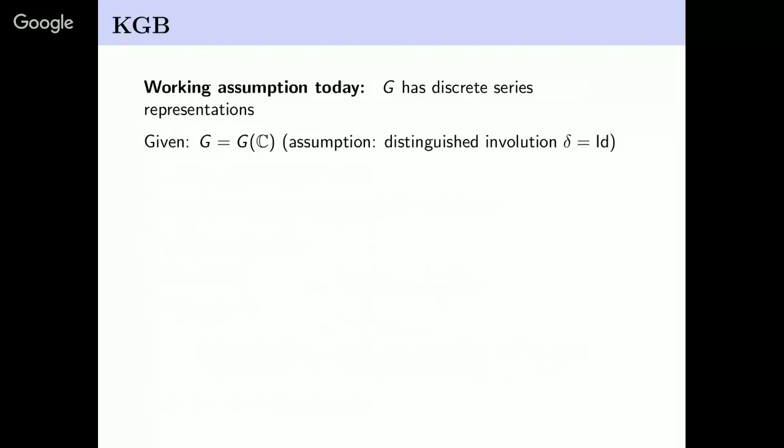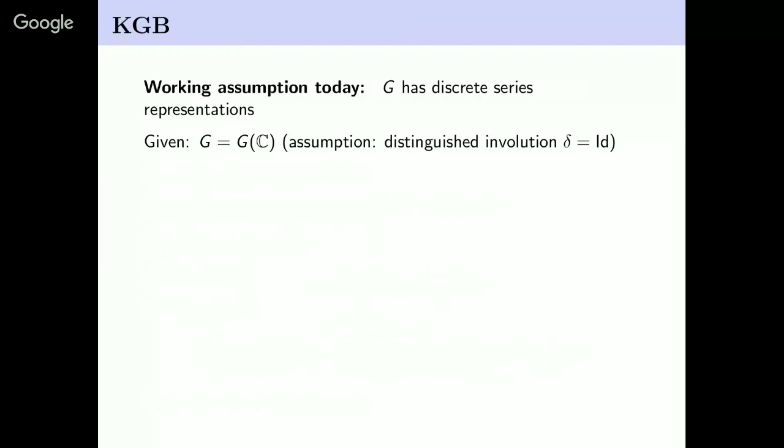And I'm going to be given a group G, a complex group G of C, and I'm interested in representations of real forms of it that have discrete series. Well, there's this distinguished involution floating around in the background, and the assumption that G has discrete series is exactly the same thing as saying that this distinguished involution is the identity.